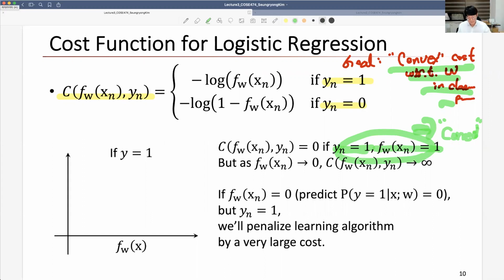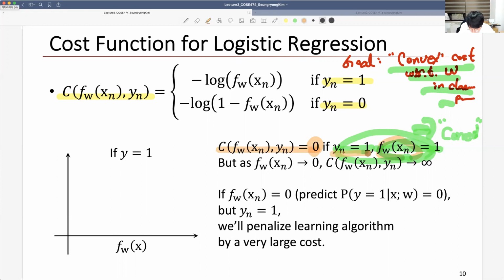Our goal is y equal to 1, and our prediction is also 1. So we predict the training data well, we explain the training data well. In this case, the output of the cost should be 0, because this mapping function is good, maybe optimal.